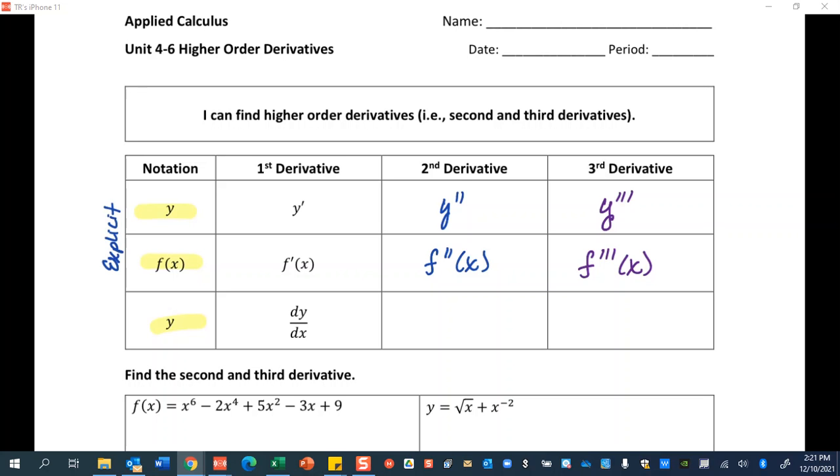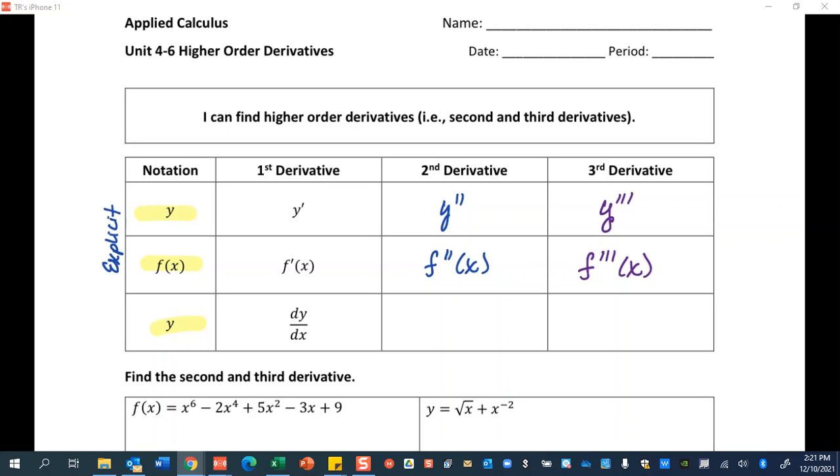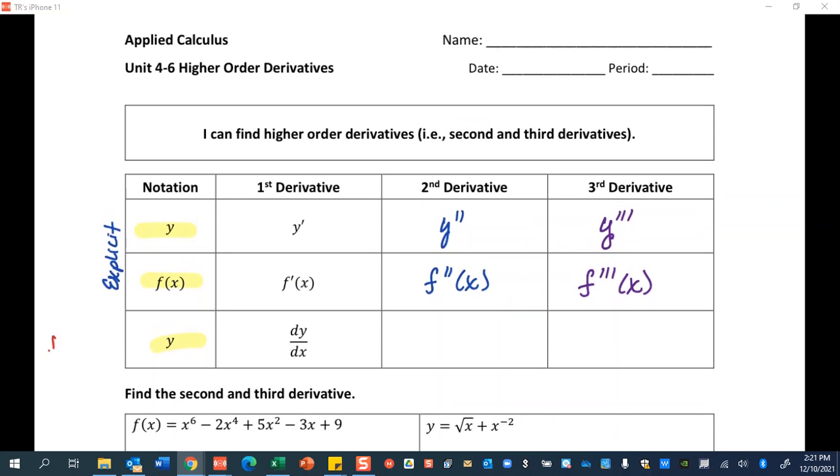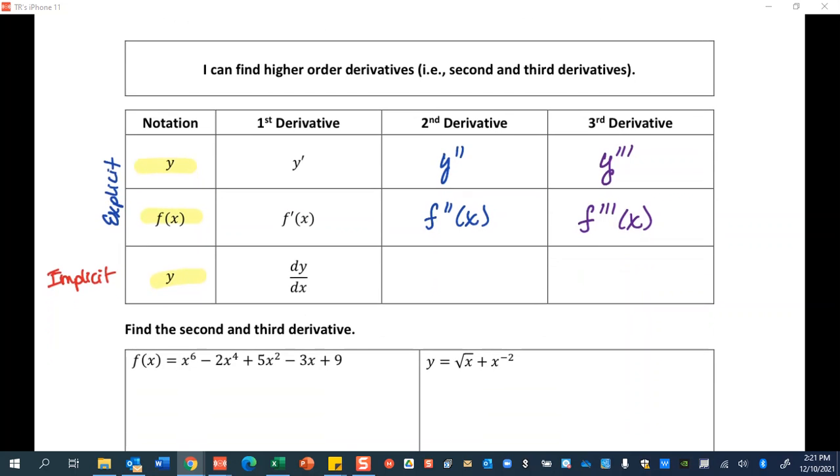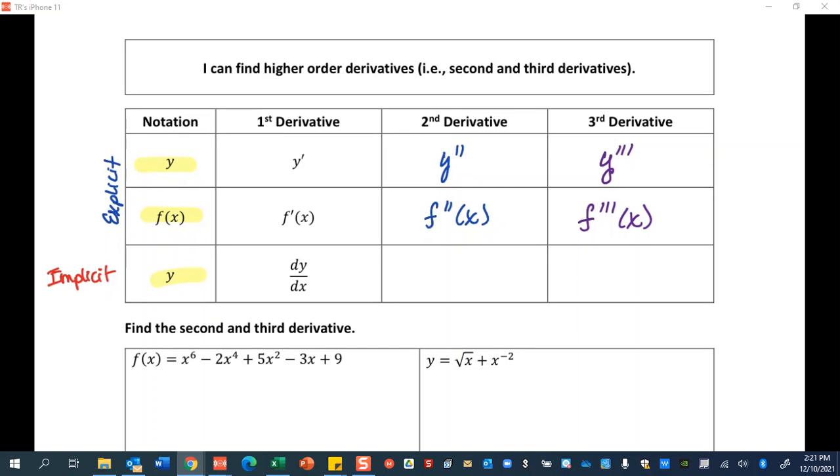When we have an implicit function, and that's going to be what this guy is, and I'm taking my dy dx, that derivative is embedded, and it's going to be the derivative squared of y over the derivative of x squared.